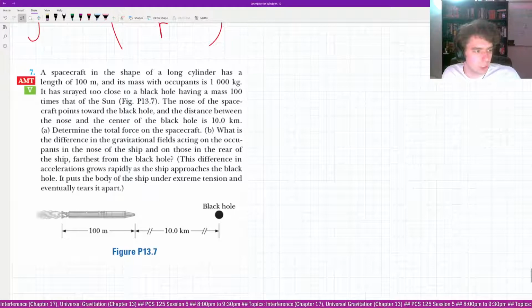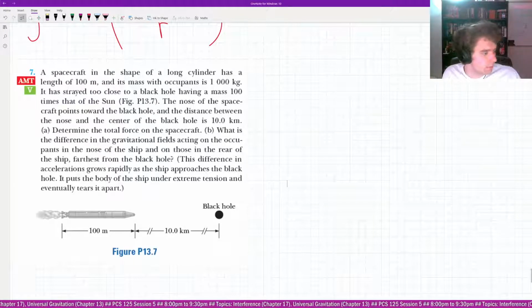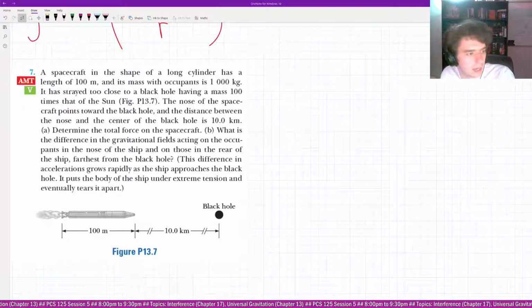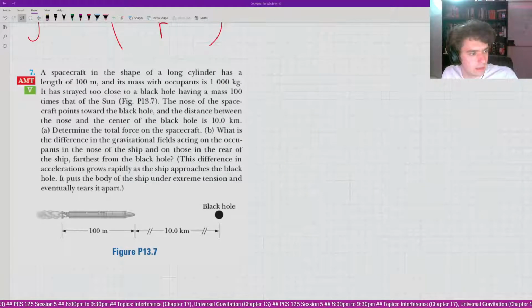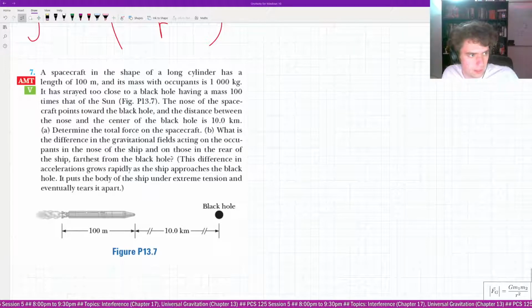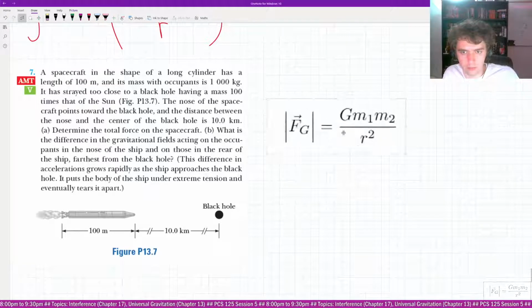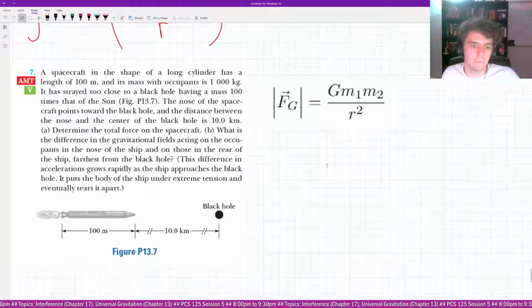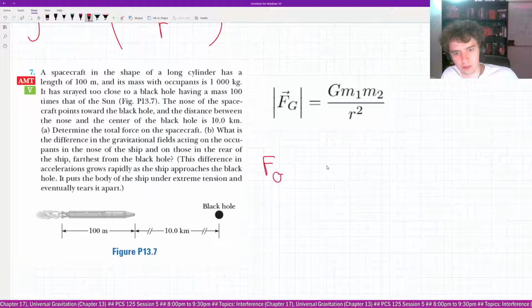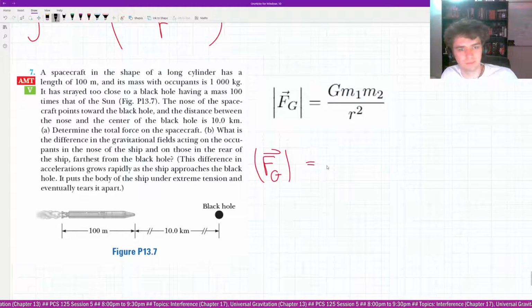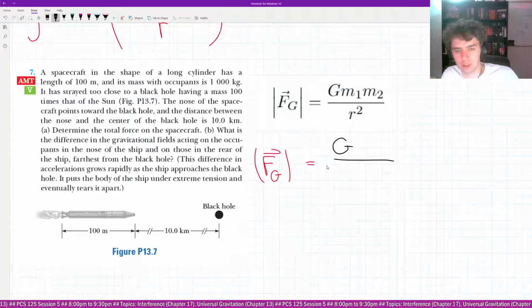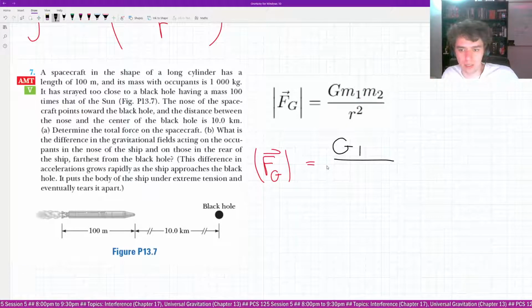Okay. So the force on the spacecraft by the black hole is described by this equation right here. So the magnitude of the force, Fg, is capital G, M1, M2 over R squared.